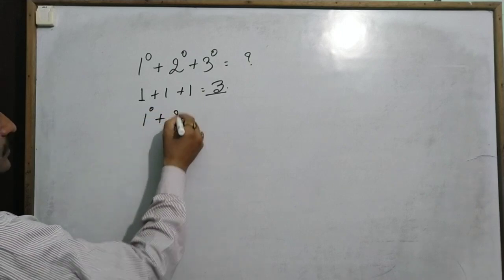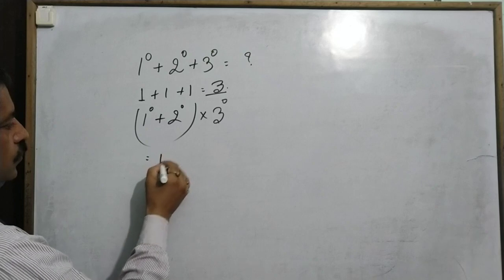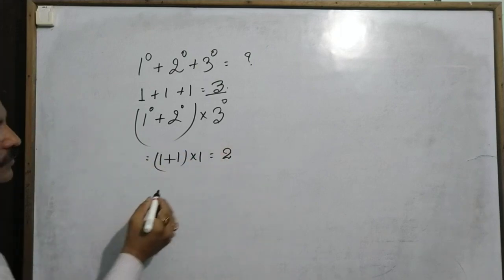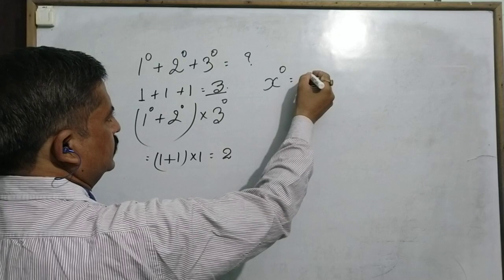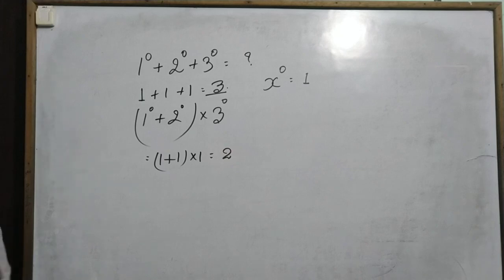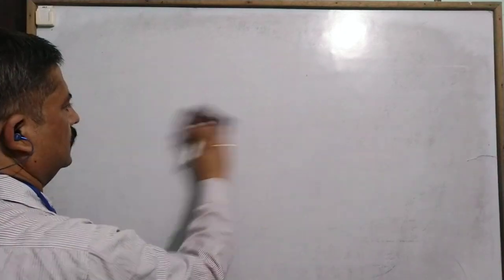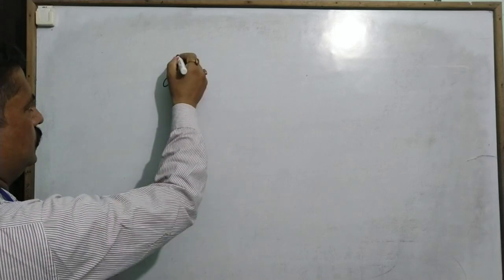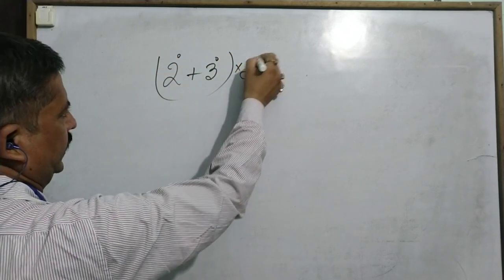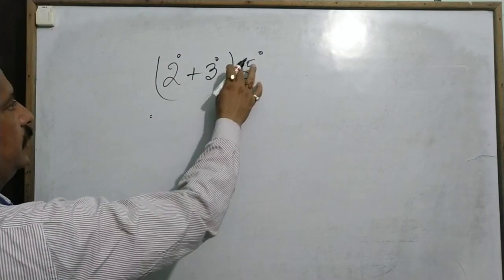Next question. So 1 plus 1 into 1 power... Because we know that x to the power 0 equals 1, such identities are used here. You can solve that either with addition or multiplication, or divide.